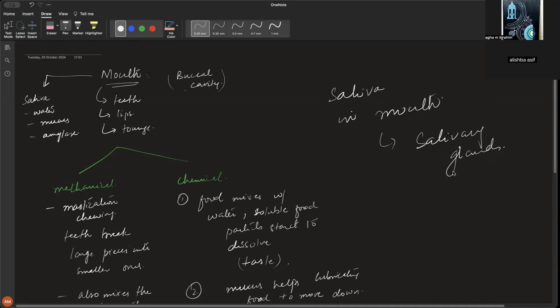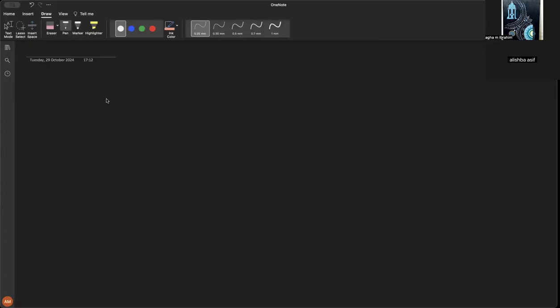The glands are right there beside your jawline, underneath your tongue. Food is then moved down the buccal cavity. It goes through pharynx, which is the connection between the esophagus and your mouth, the buccal cavity. It rolls down from there.